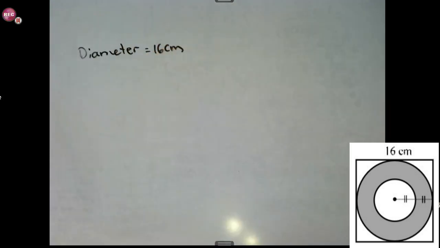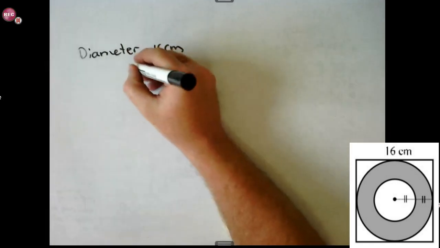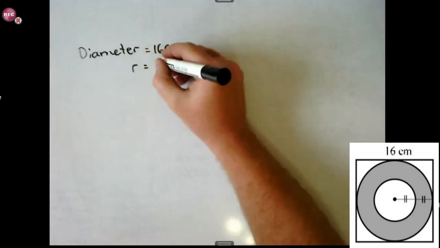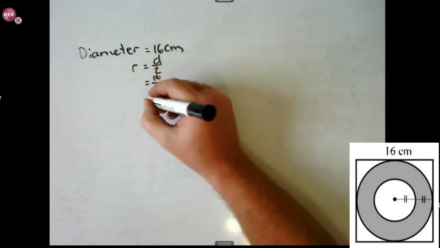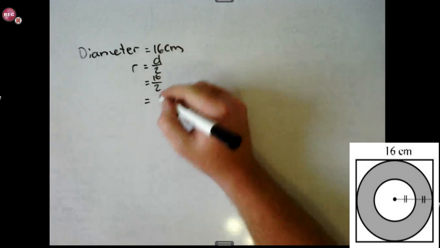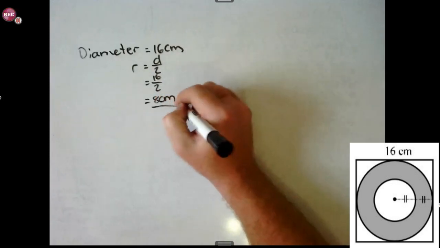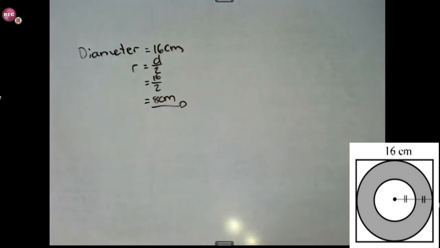Okay? Which then means that I need to divide this by 2 in order to get the radius. So d divided by 2, so it's 16 divided by 2, which will give me 8 centimeters. So the radius is 8 centimeters. Okay? So we're going to work with the smaller circle and we're going to work with the bigger circle.